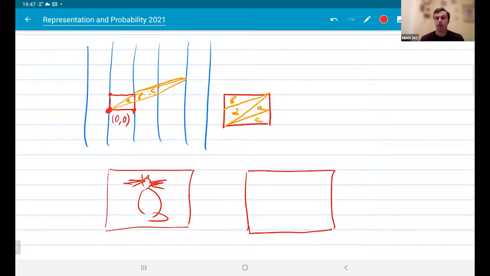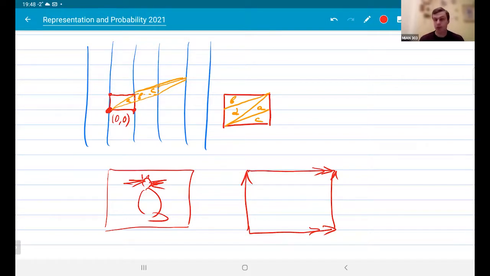But in fact, if you glue this rectangle, this square, into a torus, then there is just a cat without any parts cut or glued in some weird manner. Just the same cat, but a stretched version. Okay, so this is a map.